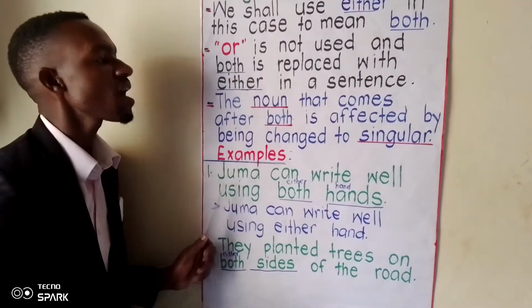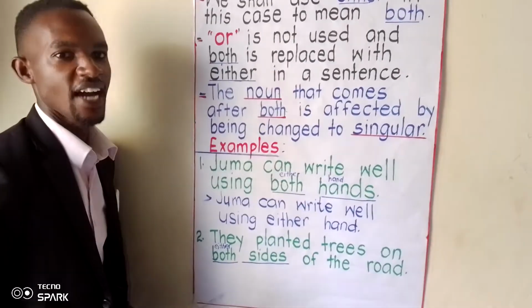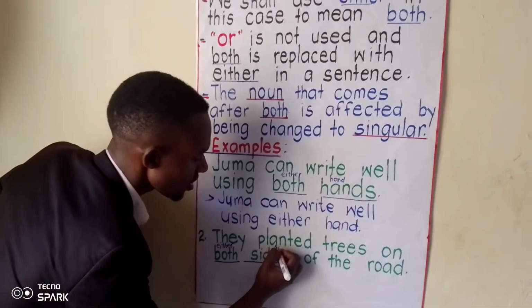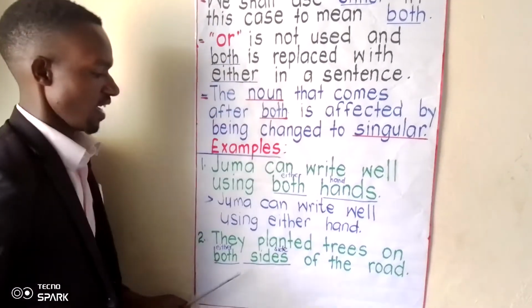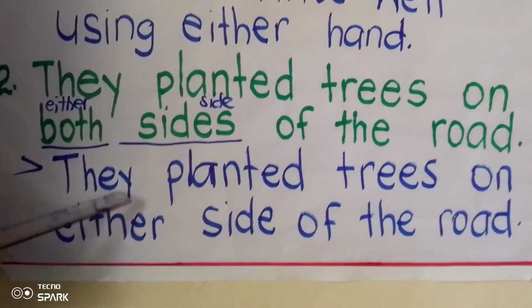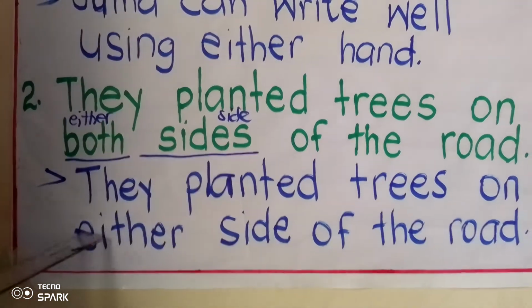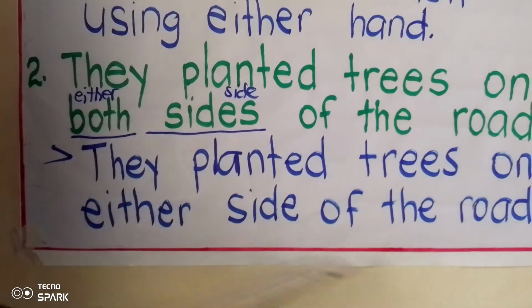Automatically, by rule number 3, sides will change to singular form, and it will become side. And so our answer will be, they planted trees on either side of the road.